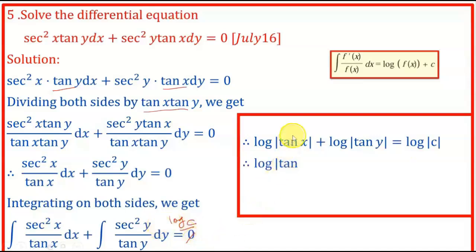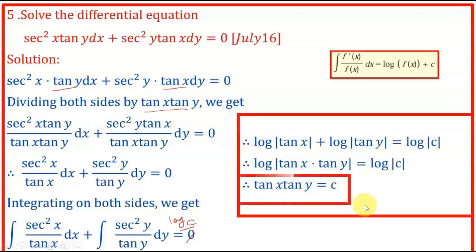Okay, again here log of m plus log of n means what? Log of m into n is equals to log c. Taking antilog on both sides, then you will have tan x into tan y is equals to c, and hence this is the solution.